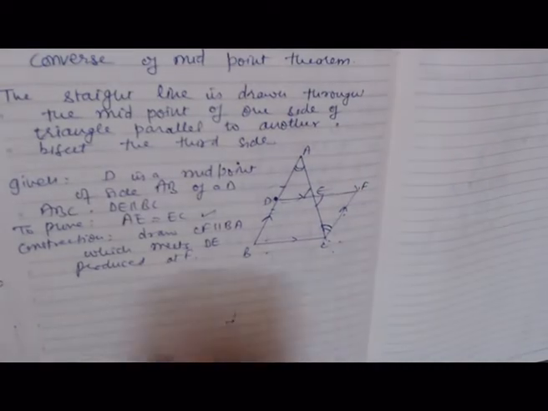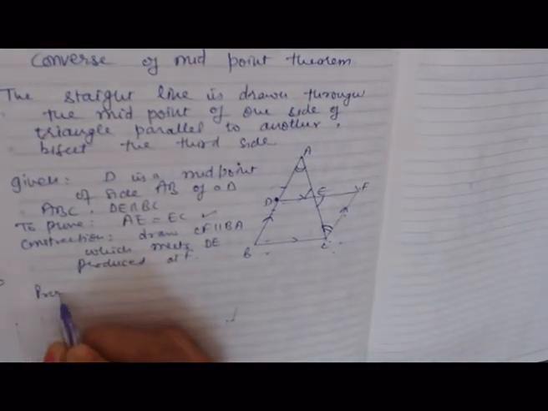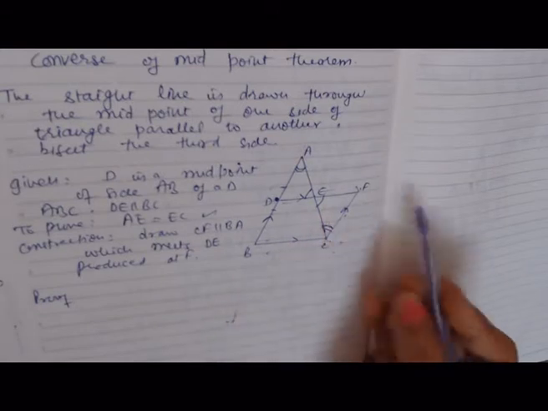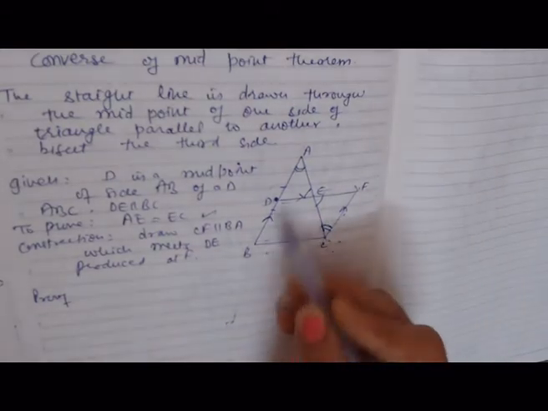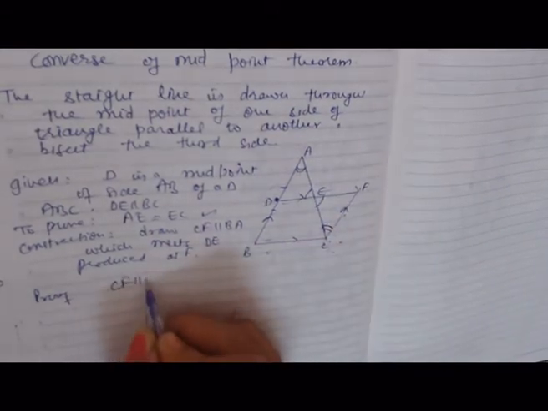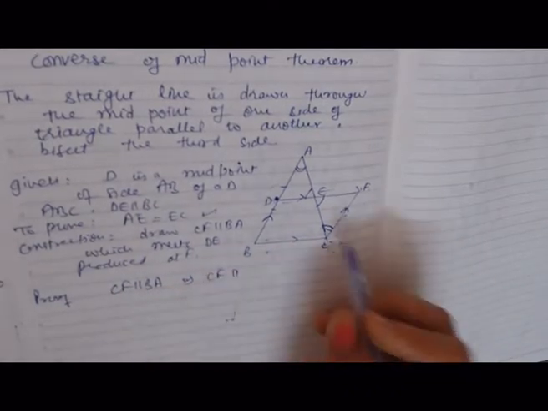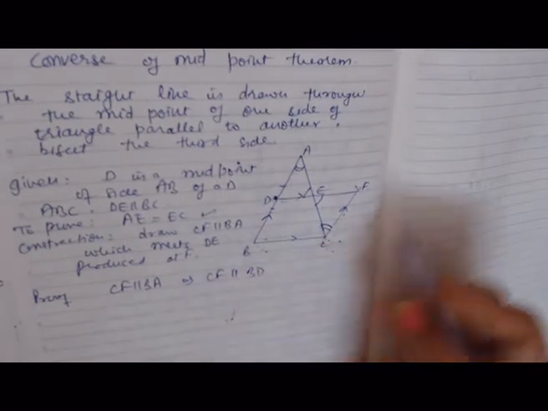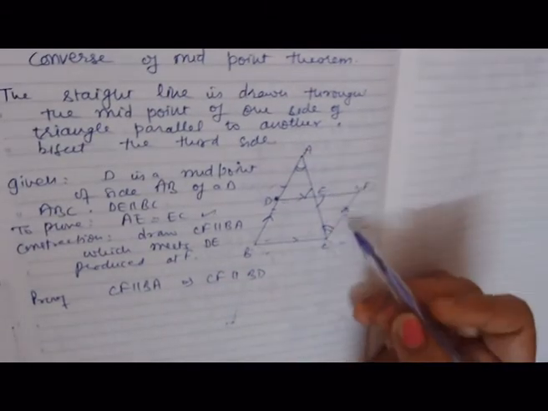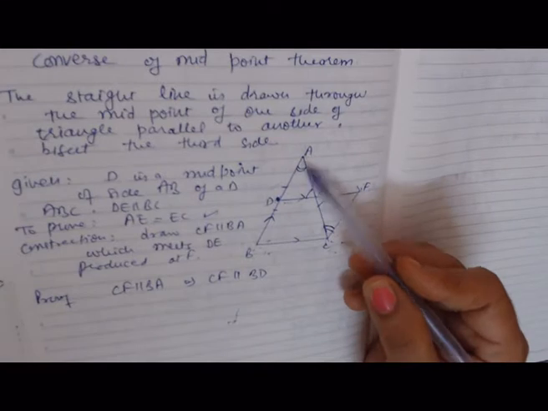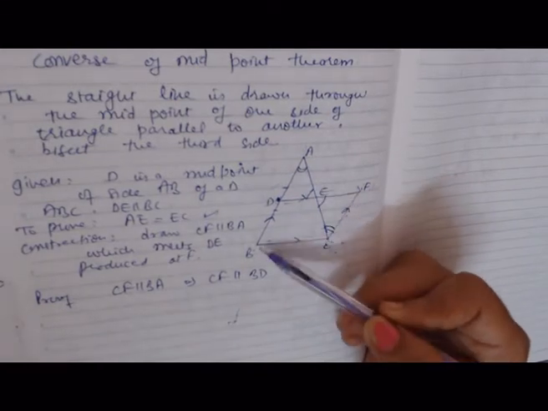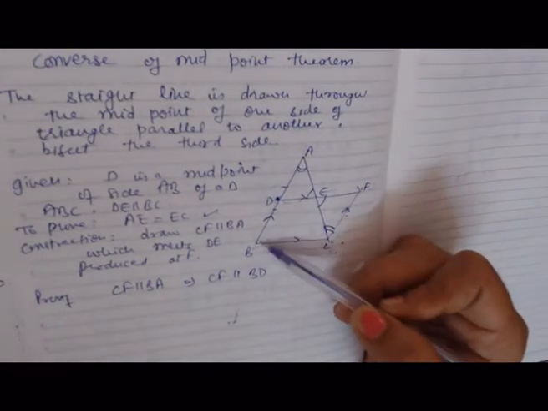Now the proof. We have CF parallel to BA. That means CF is parallel to BD. CF is also parallel to part of BA, and that part is BD.